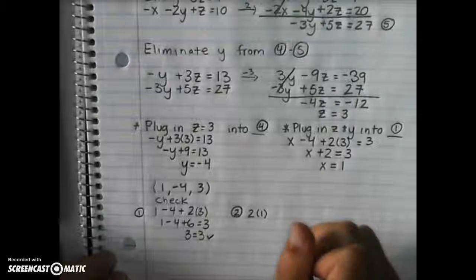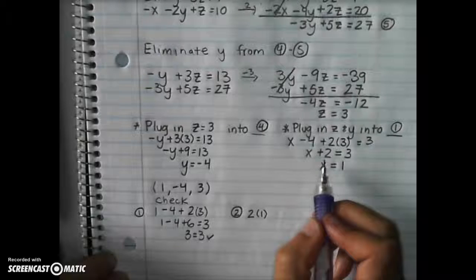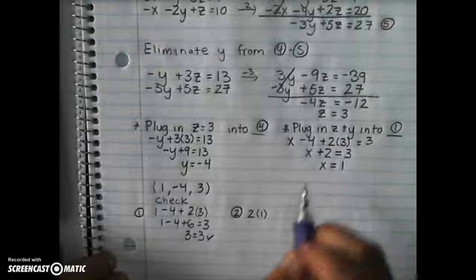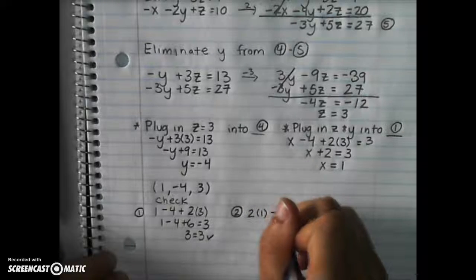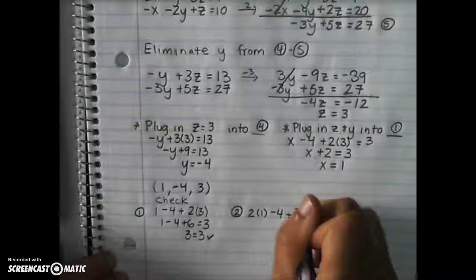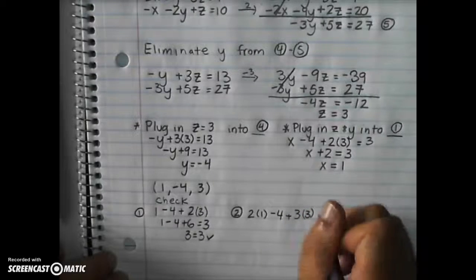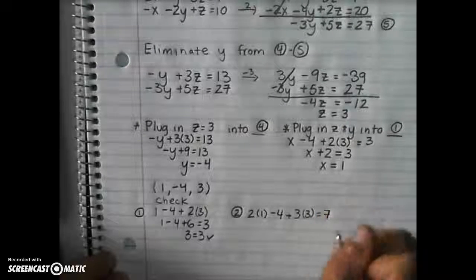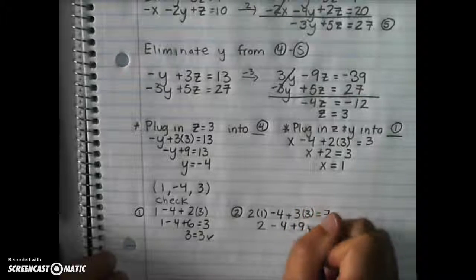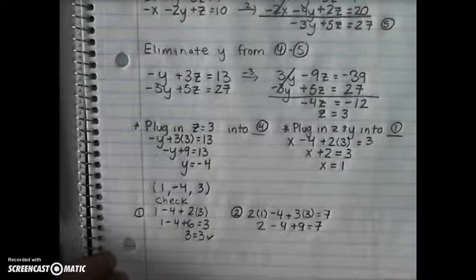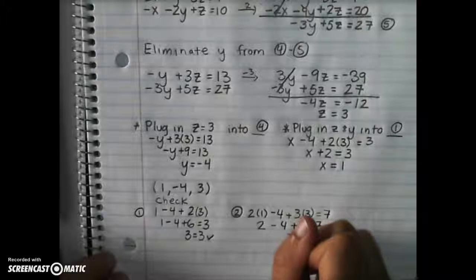You definitely have to check it in 2 and 3. 1, I'll let that go since you already kind of worked it, but definitely 2 and 3. 2 times 1 plus negative 4 plus 3 times 3 equals 7. 2 minus 4 plus 9. 11 minus 4. This one works as well.